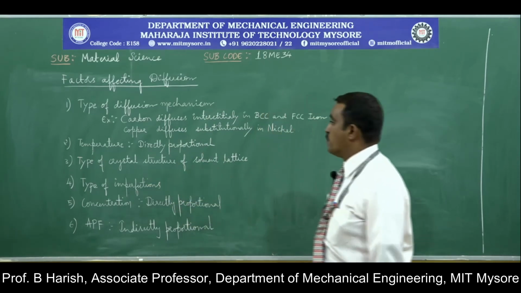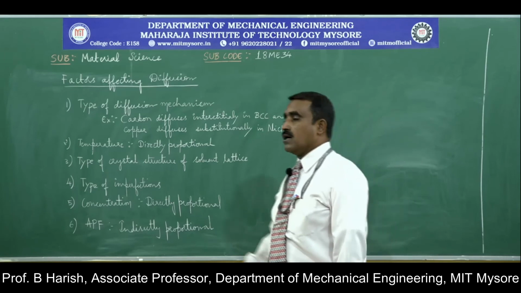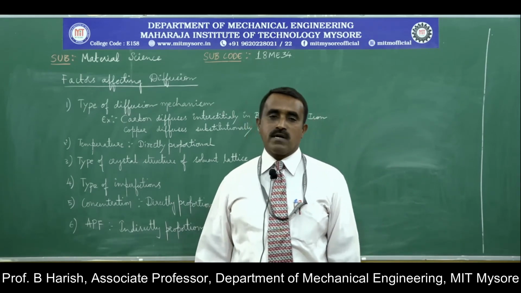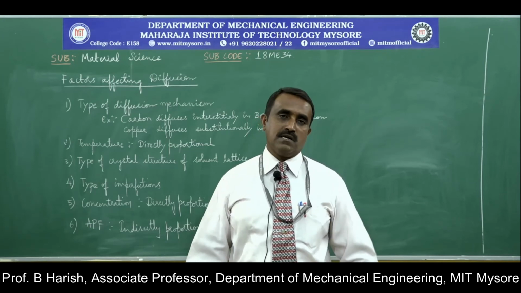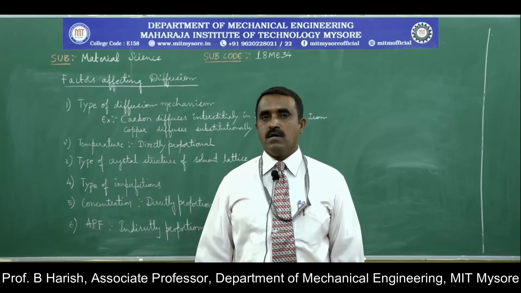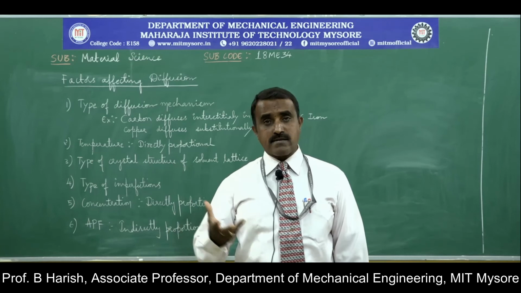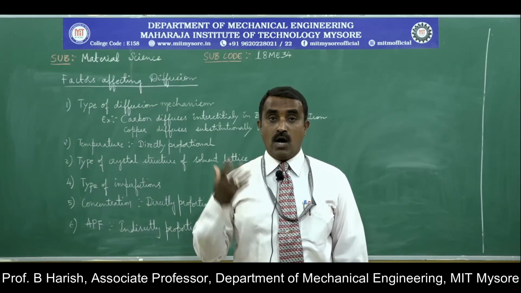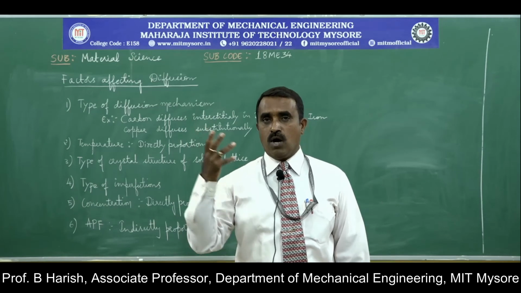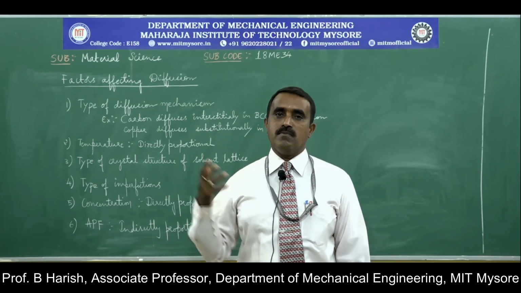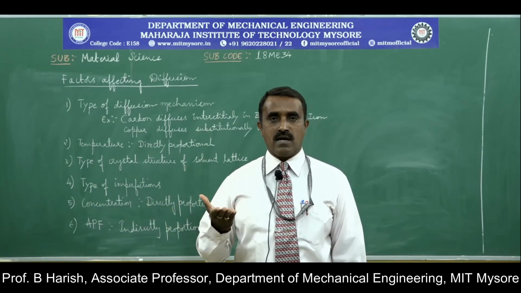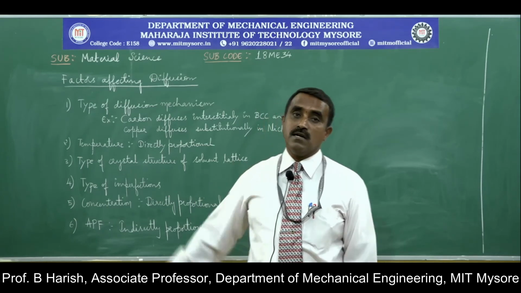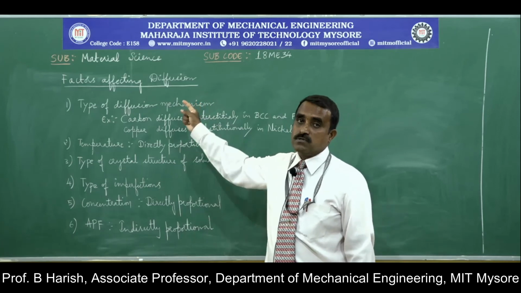The third one is type of crystal structure. We have discussed different types of crystal structure: simple cubic, body centered, face centered, hexagonal close packed. In each type, we have seen how the atoms are arranged. The arrangement of atoms in that type of crystal structure will affect the diffusion process.